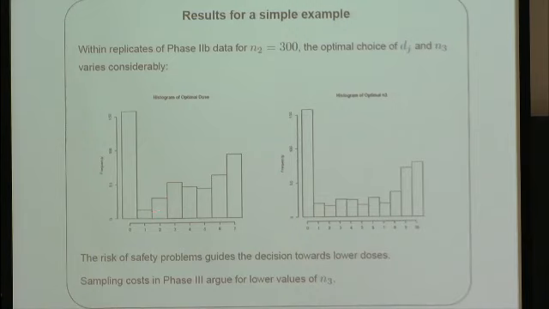And the sample size has ranged all the way across lowest to highest. So we've been adapting very strongly to what we've learned in phase 2 in an optimal way, given this formulation. And clearly the safety risk variable is doing its job because we are keeping away from the high doses a lot of the time.